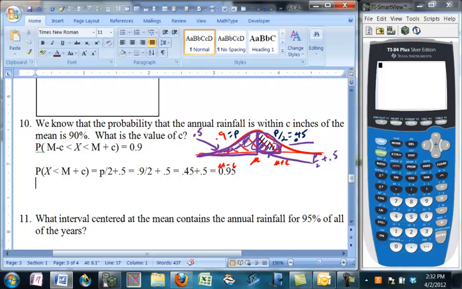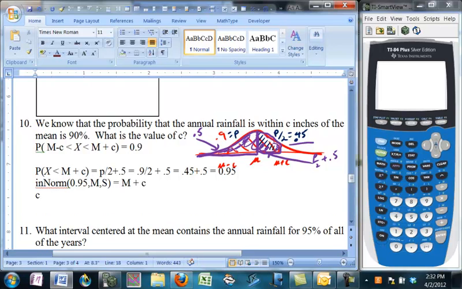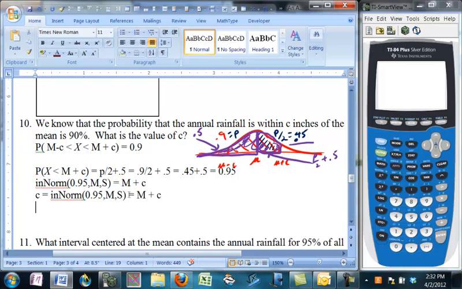So if we do an inverse norm of 0.95 with this mean and standard deviation, what we will get is mu plus c. So to solve for c, it is that inverse norm minus mean.